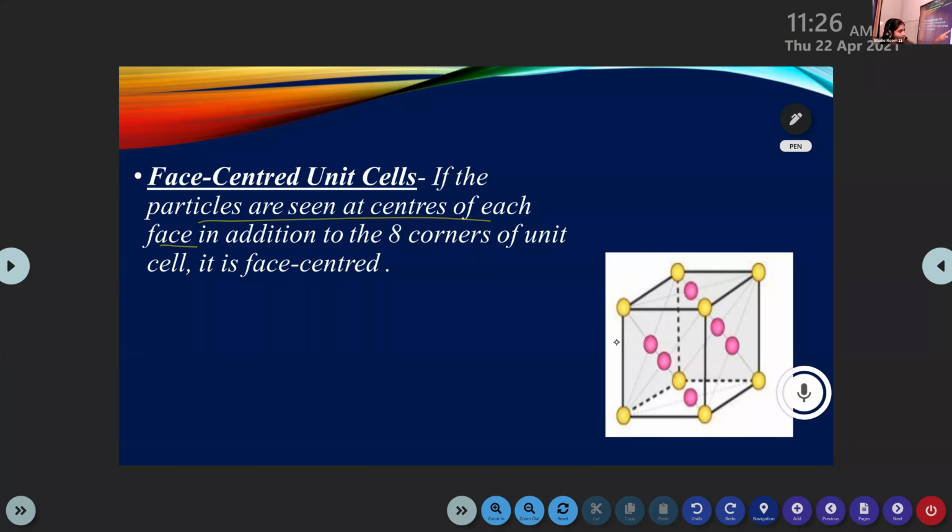So in this figure, the yellow colored balls are occupied in the 8 corners, and the pink colored balls are occupied in the center of each face. In the case of a cube, there are 6 faces, so this particle is occupied in the center of 6 faces. Clear?